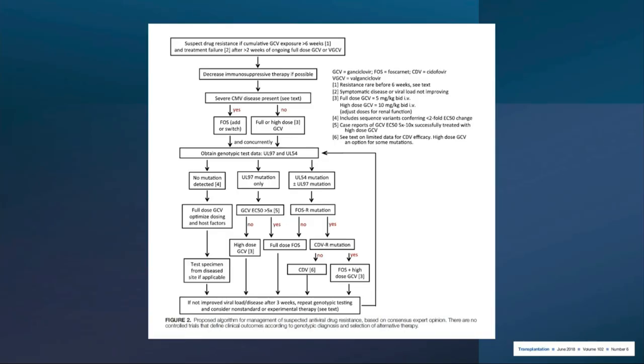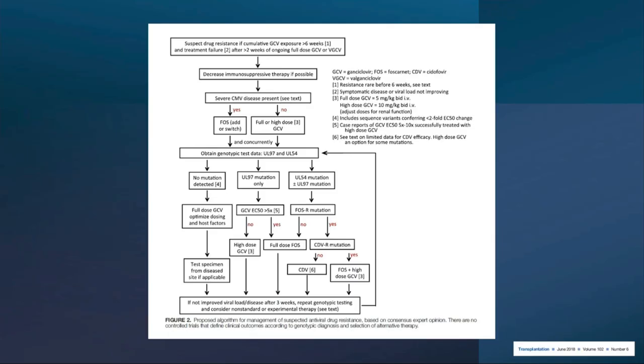And then in the guidelines for the management of CMV infection in solid organ transplant, they give you this nice table to help make a decision about what you do with your therapy when you are concerned about refractory or resistant infection. So generally the flow goes like this.